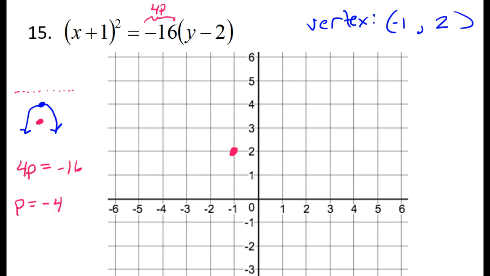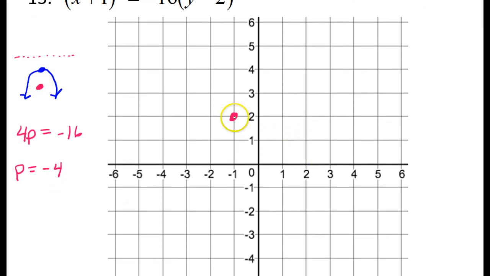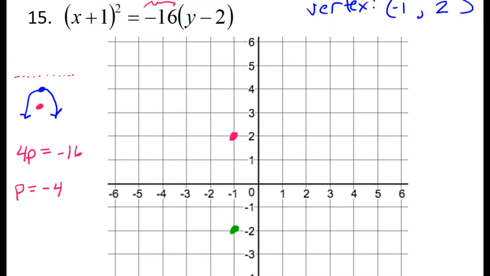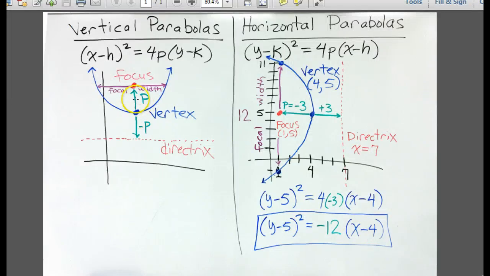I know that the focus is below the vertex in this problem. The -4 tells me that the focus will be down 4 exactly from the vertex. So if I go down 4, I'm right here. This is my focus. It also tells me the directrix, because the directrix is the same distance in the opposite direction.